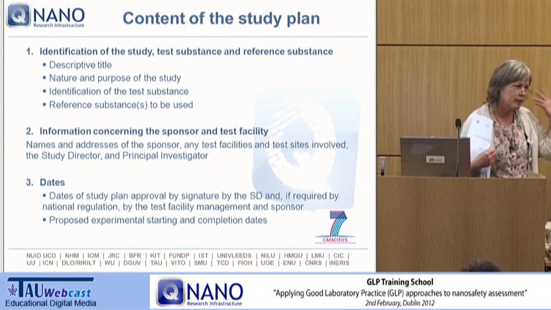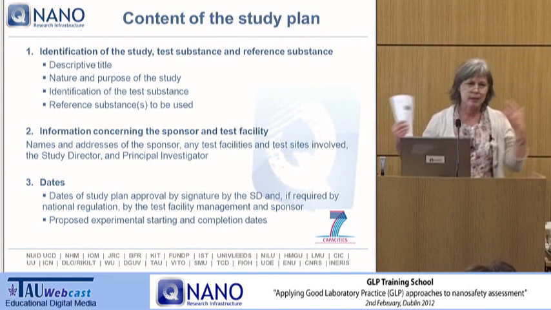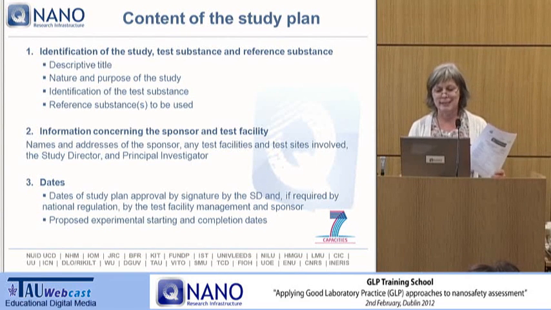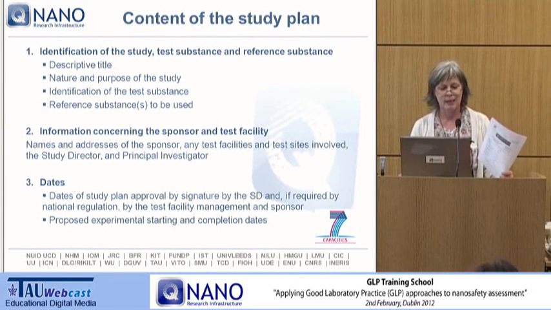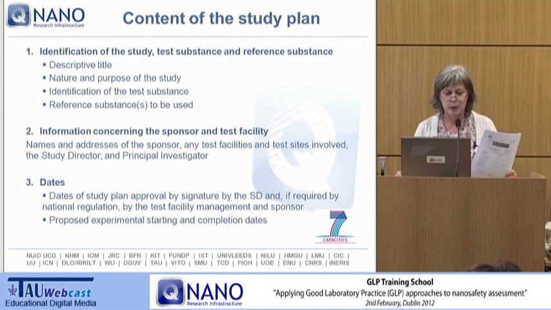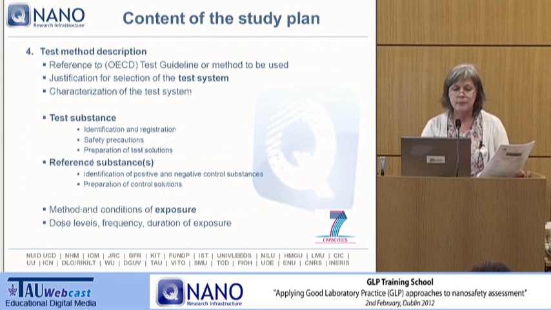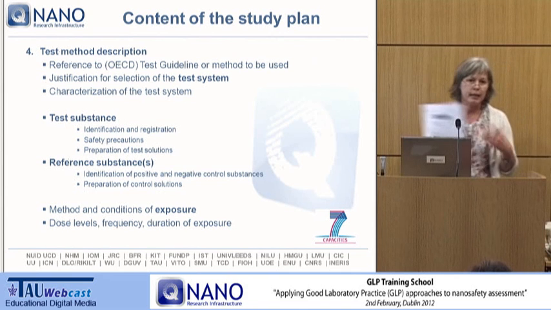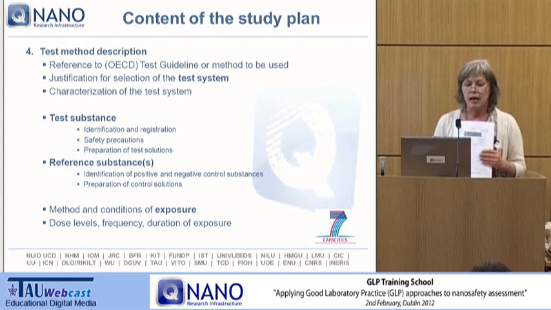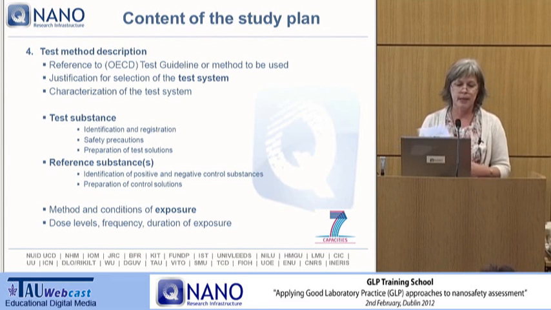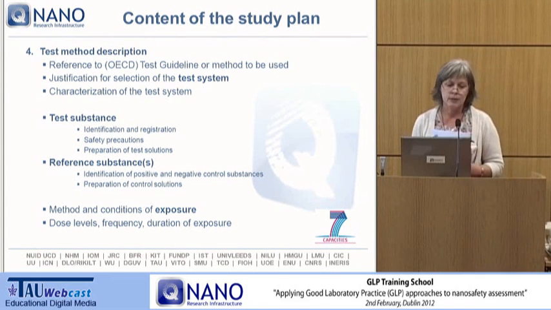We also had to learn this terminology, study director, test facility, but now it is quite clear in the laboratory. So it should have dates, as was said, and you can look at the study plan. It should have a clear description of the method, reference to an OECD guideline if there is any, justification why we selected this test system, and characterization of the test system.